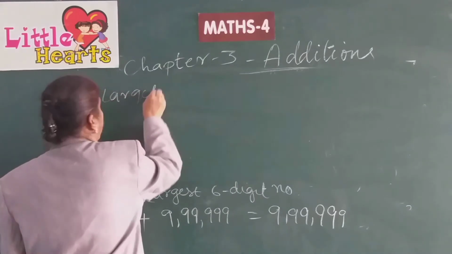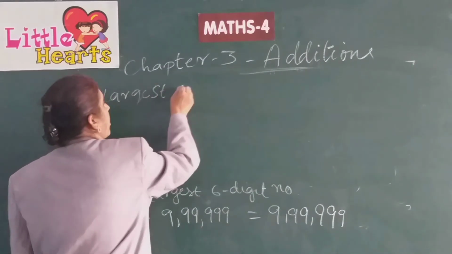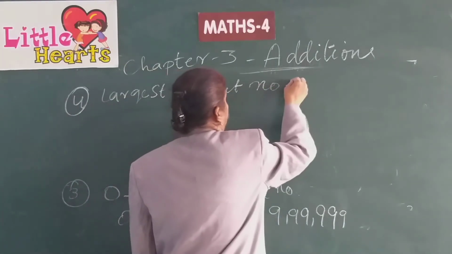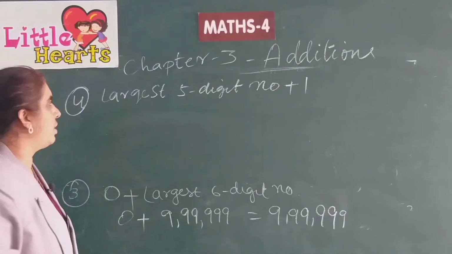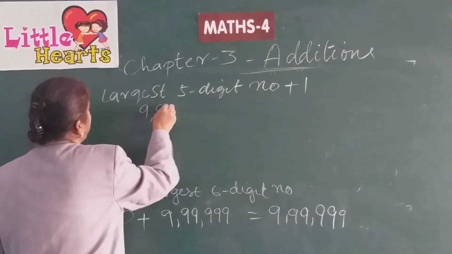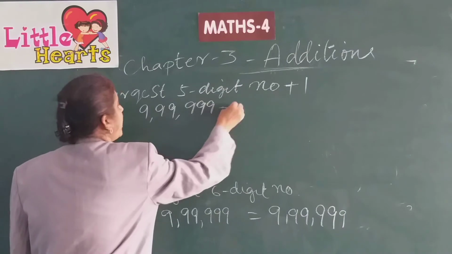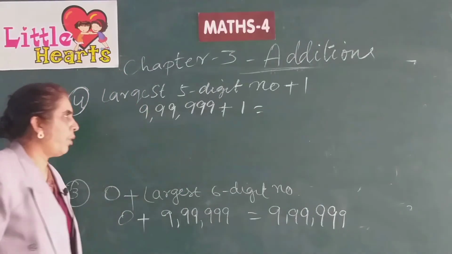Largest 5-digit number plus 1. What is the largest 5-digit number? 99,999 plus 1. What do you get?